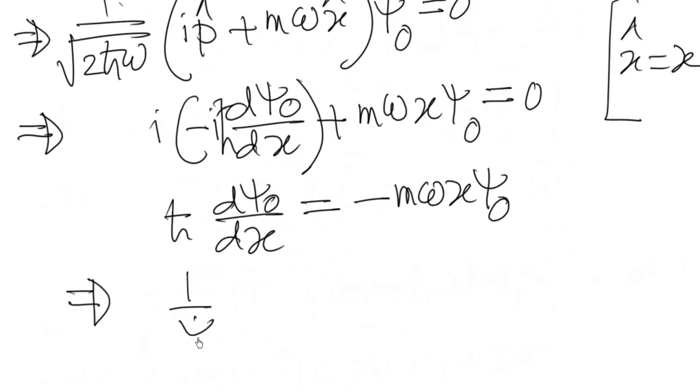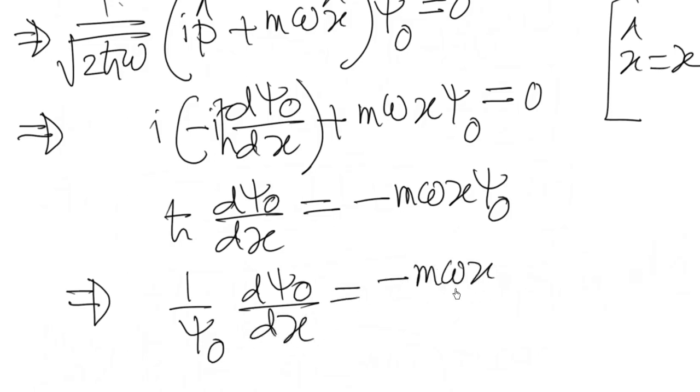Which one can be written as d psi naught by psi naught equal to minus m omega x by h cut dx.